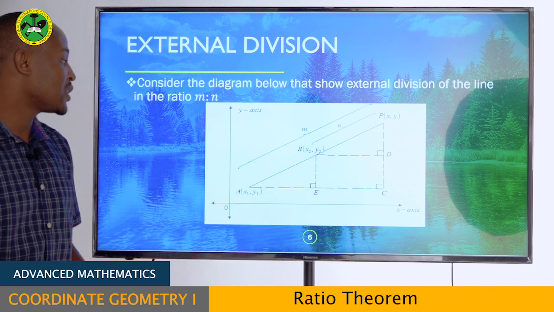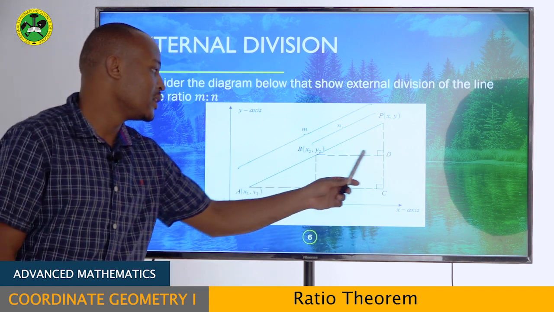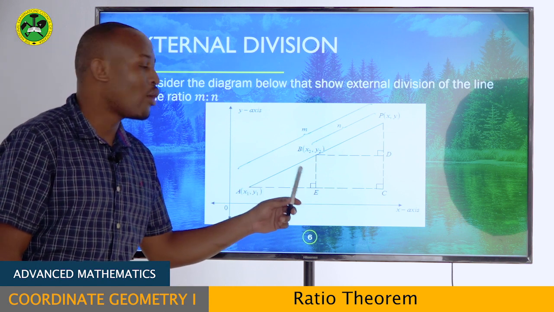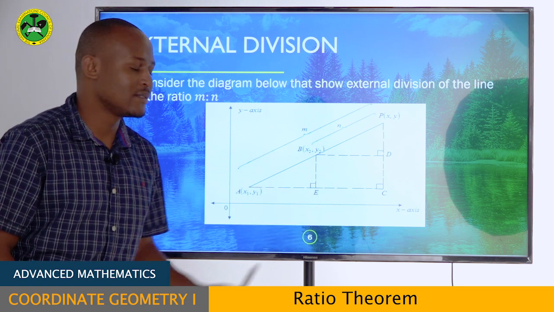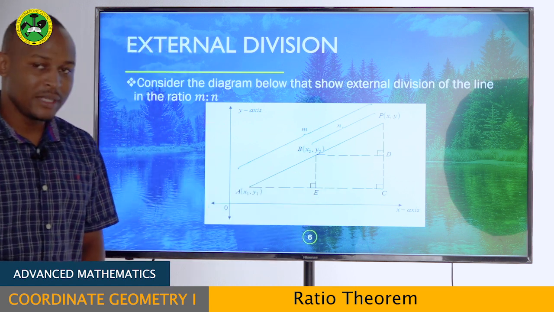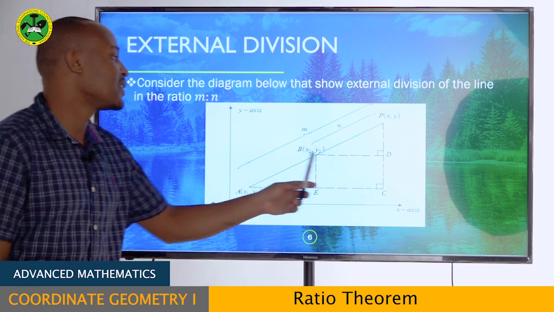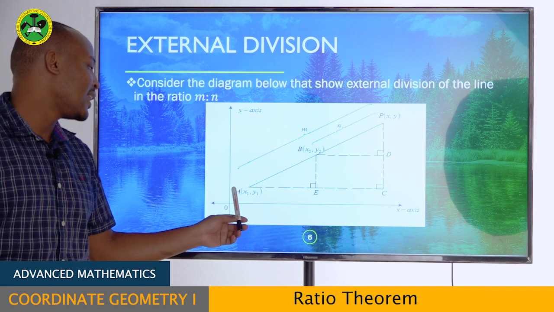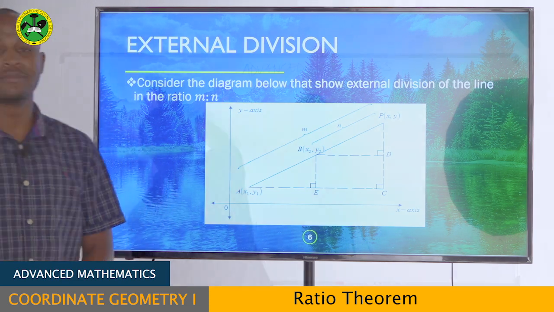But in our case, we shall use two triangles, ACP and BDP. Then we shall use the theorem of similarity and the ratio of their distances to show how this point P is related to these two points A and B. Then we shall find the values of x and y, which divide the line segment AB externally in a ratio m to n. Let's check it out.